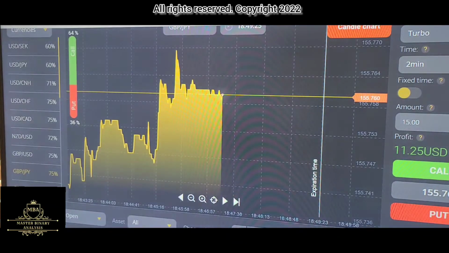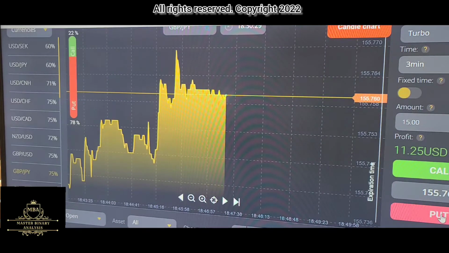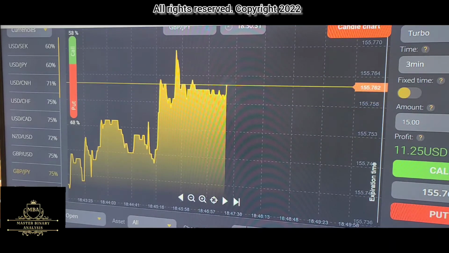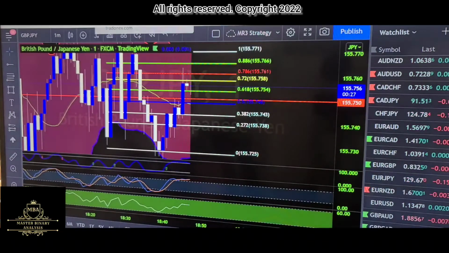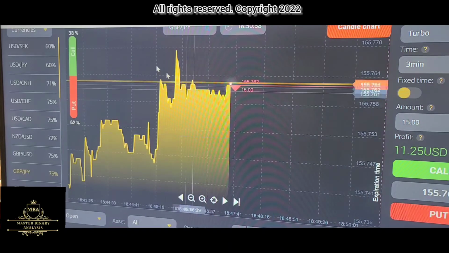And I think if I go to 3 minutes, it's not going to spike me out so easily. Let's see. I got wick in both, so I'm just gonna take a 3-minute here.